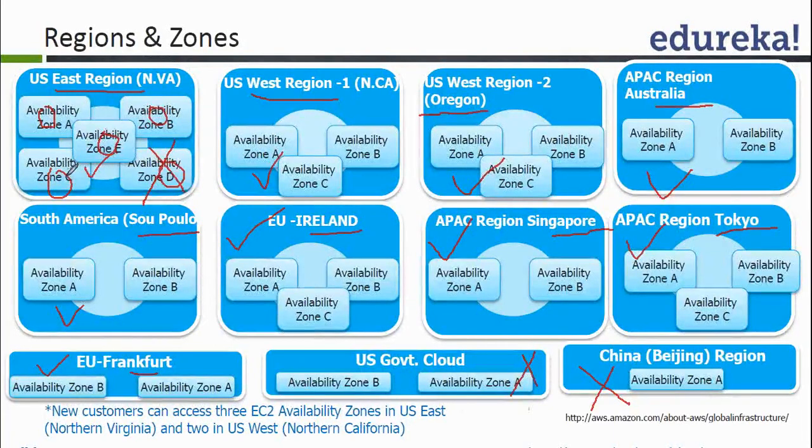Now physically separate means it might have a different service provider, like a different electricity provider, different infrastructure, different network provider, everything would be different. So even if something goes wrong due to the service provider, if one zone goes down, it's unlikely that another zone would also go down. So your service would be seamless, and keep on working.